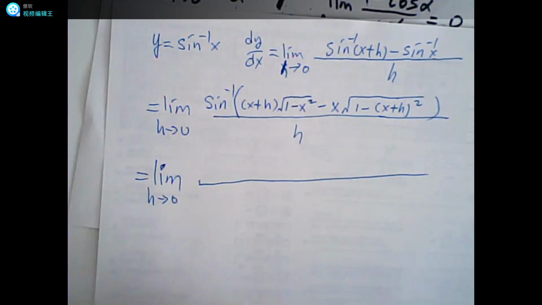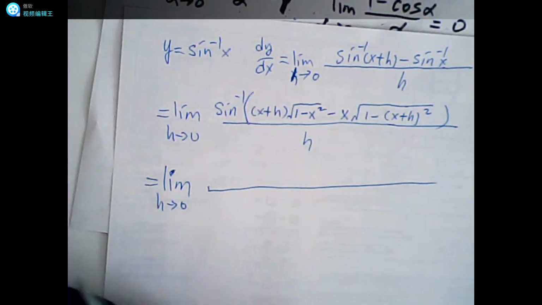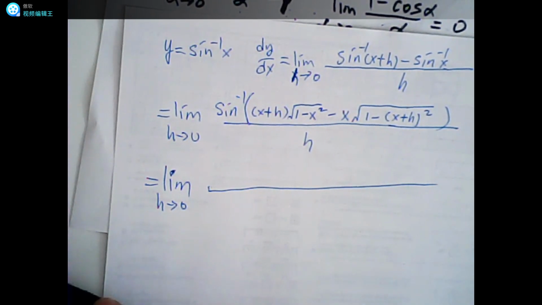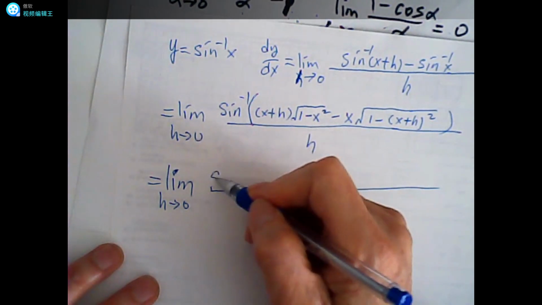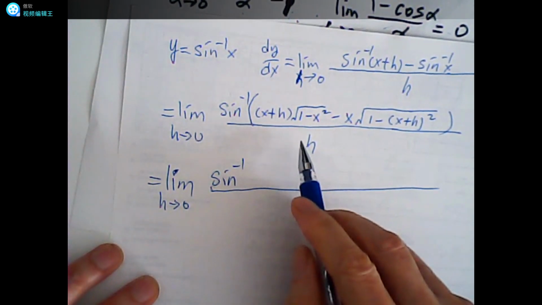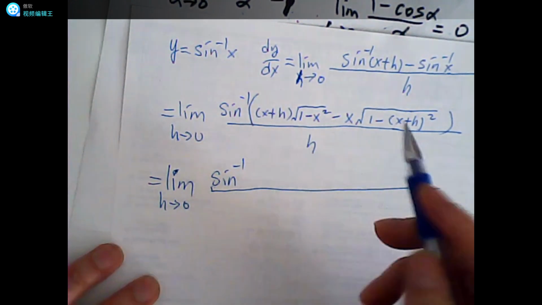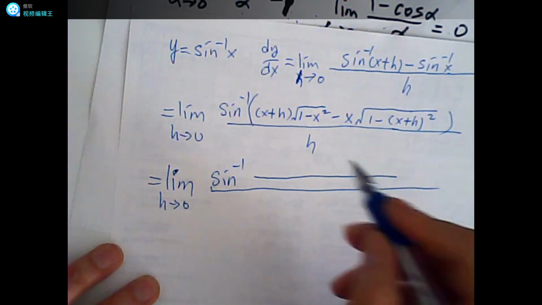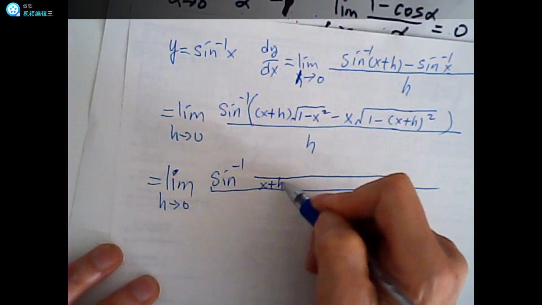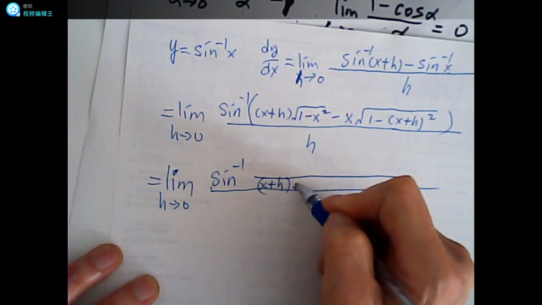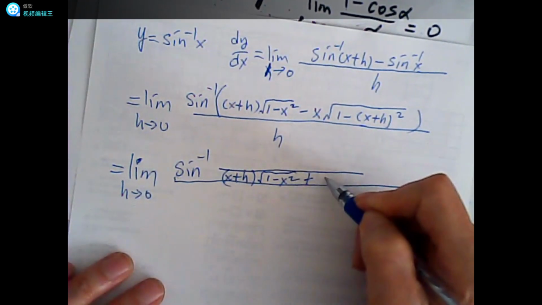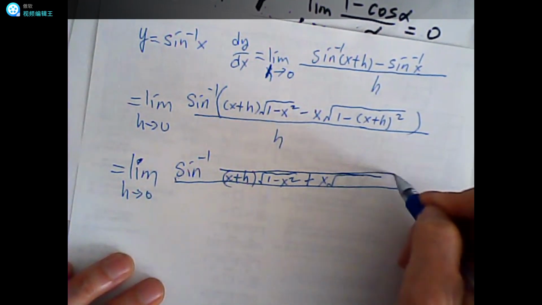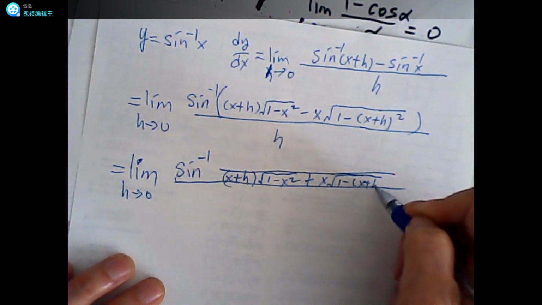What to do with this? Now we want to simplify this. I think let's multiply by the conjugate. Okay, multiply this one, (x plus h) times the square root of 1 minus x square, plus x times the square root of 1 minus (x plus h) square.